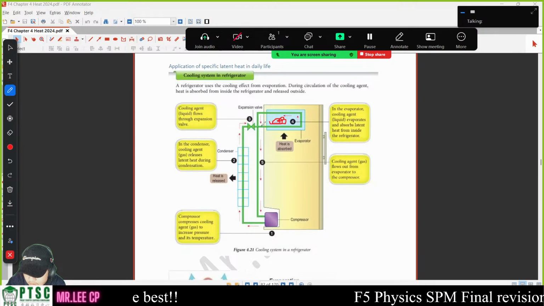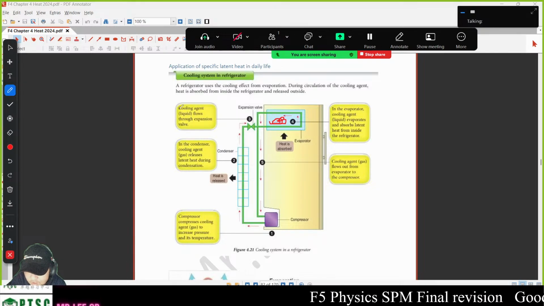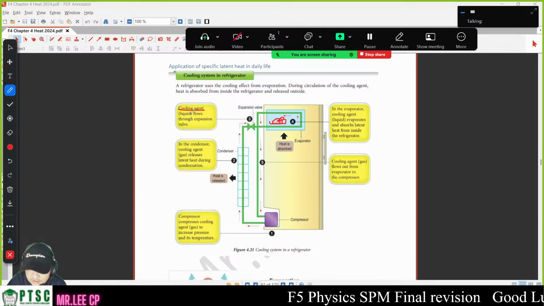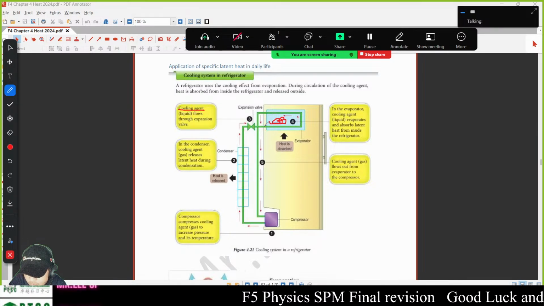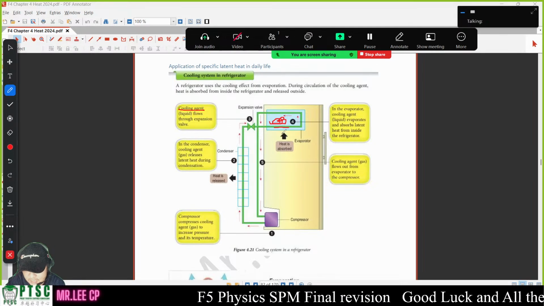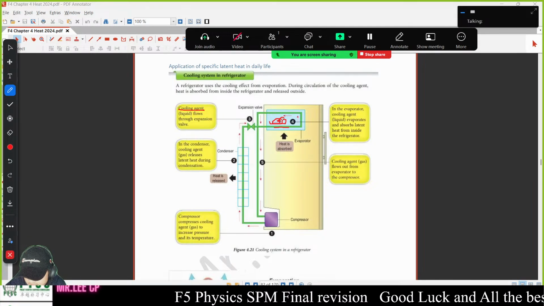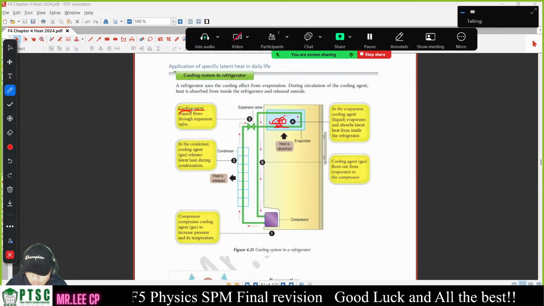So now inside here got coolant agent, right? It is in liquid form. Right now it is in liquid form. So this liquid comes to here. So it has low heat capacity. So what happened is this one is hot, then the heat will flow into here. So what happened to this liquid?